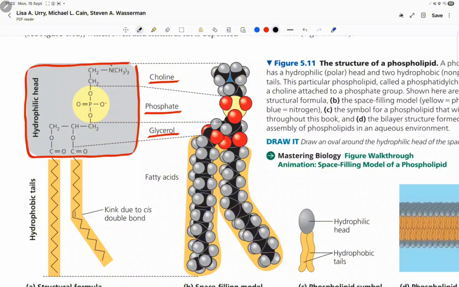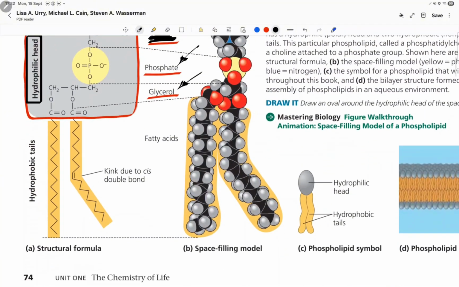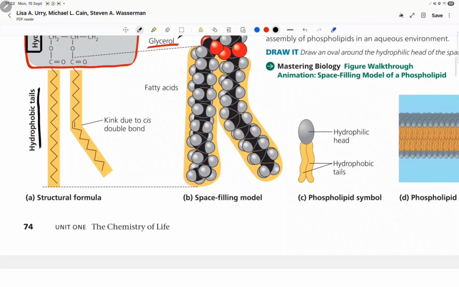Knowing that this choline exists is not required. Just know that the phosphate and the glycerol combined would make this head a hydrophilic one that would like to mix with the water. But the tails are going to be hydrophobic because they have a lot of carbons and also a lot of hydrogens, and that would make them into a nonpolar tail.